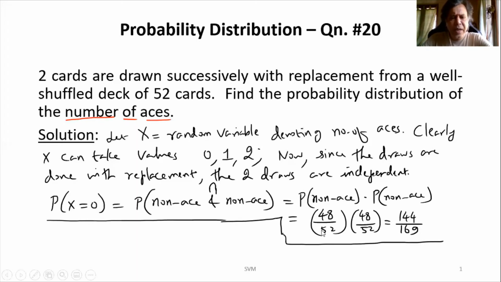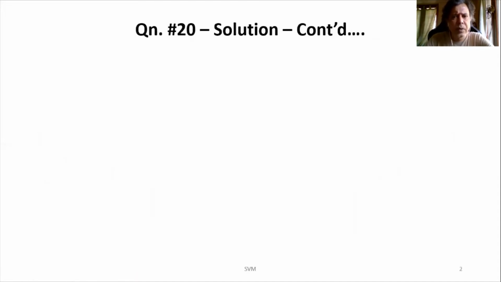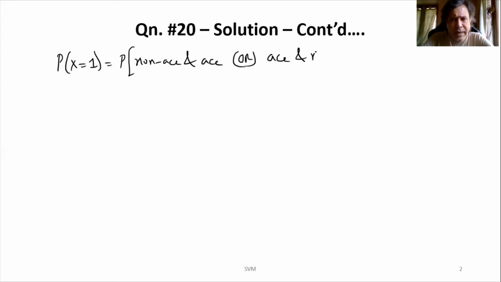Let me move on to the next page to do the other probabilities. What do we mean by the probability of X equal to 1? In the first draw it can be a non-ace and in the second draw an ace, or the first draw can be an ace and the second draw a non-ace.